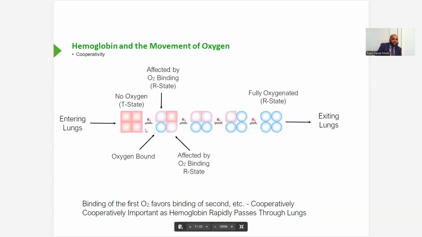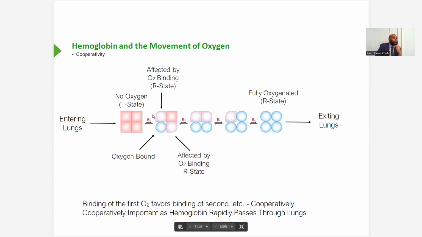So look at what happens. When one subunit binds, the other three will help it. Like my four aunts, when my mom got married, all of them got married after her. At first they said no, they don't want to get married, they want to do something, I don't know, business or education. My mom got married, they all got married.